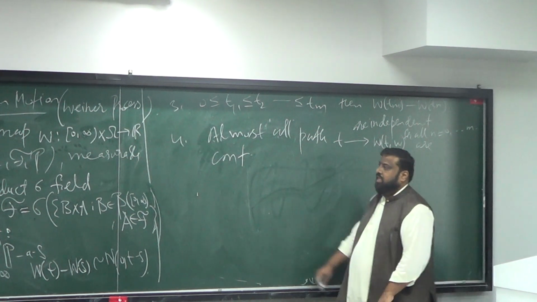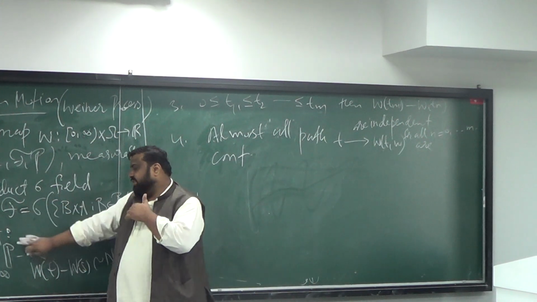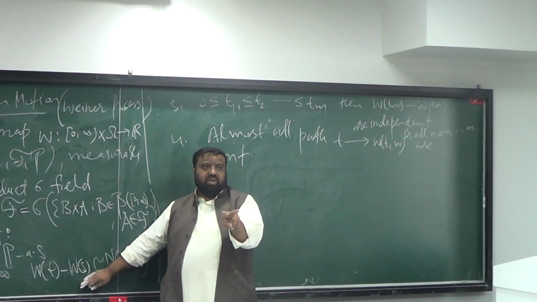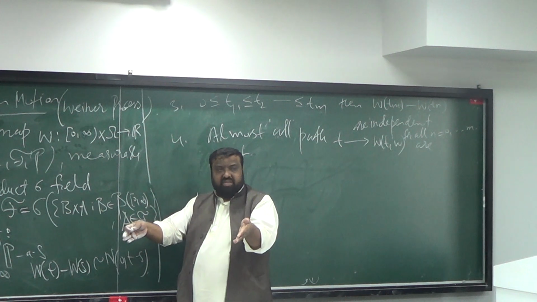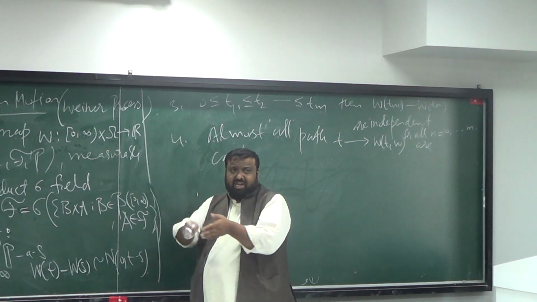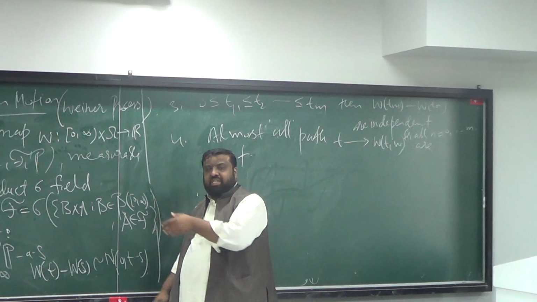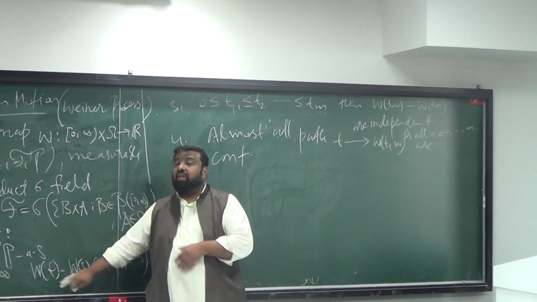Any process that is measurable with respect to the product sigma algebra starts from 0, and if you look at any increment, no matter how small or how big, from instant s to t, it's always going to look like a normally distributed random variable.